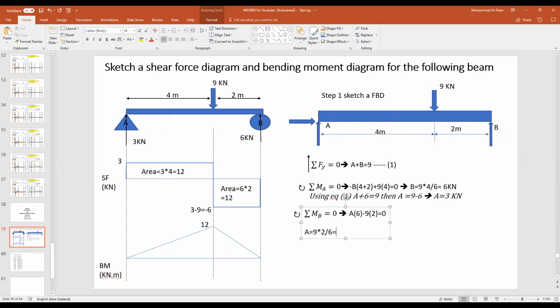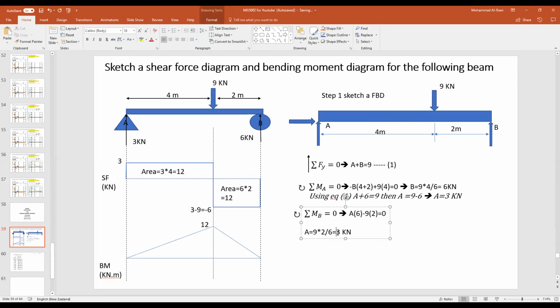And if you find the value for A, as we found earlier, it is equal to 3 kilonewtons. So I hope that makes sense to you, because we found the value of A earlier.